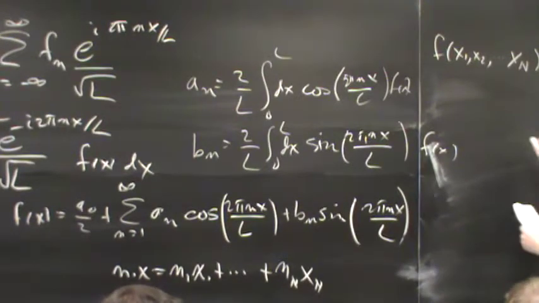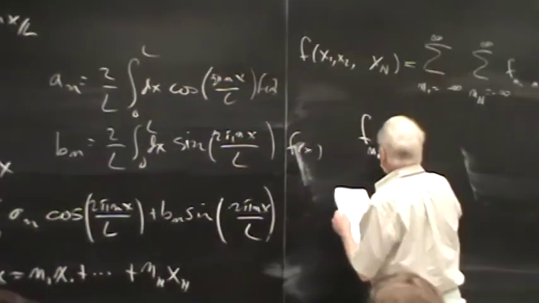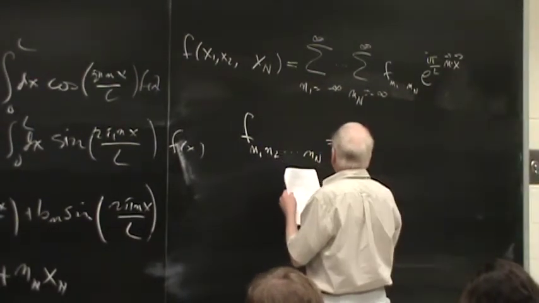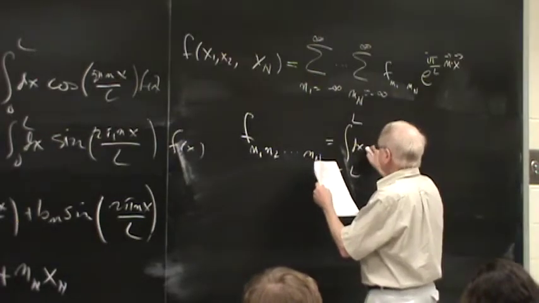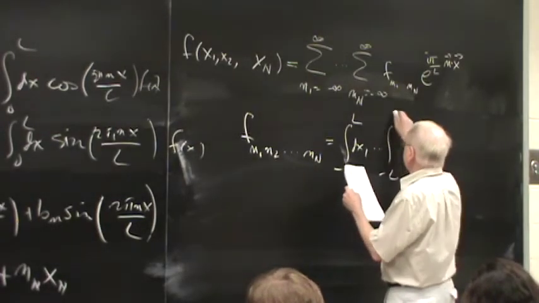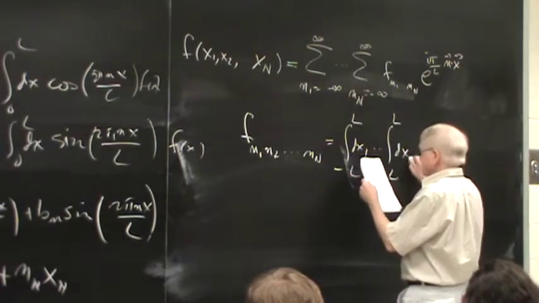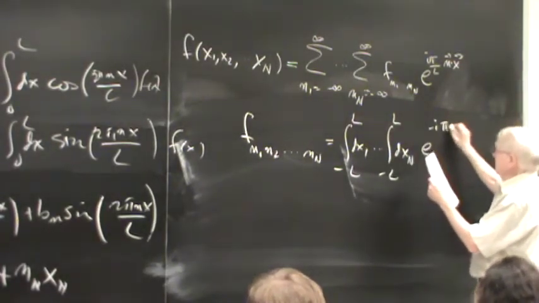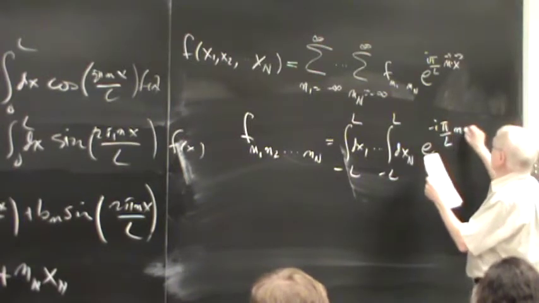And on the other hand, f sub n1, n2, dot dot dot, n sub N is the integral from minus L to L dx1, dot dot dot, integral minus L to L dx sub N, e to the minus i pi over L n dot x.